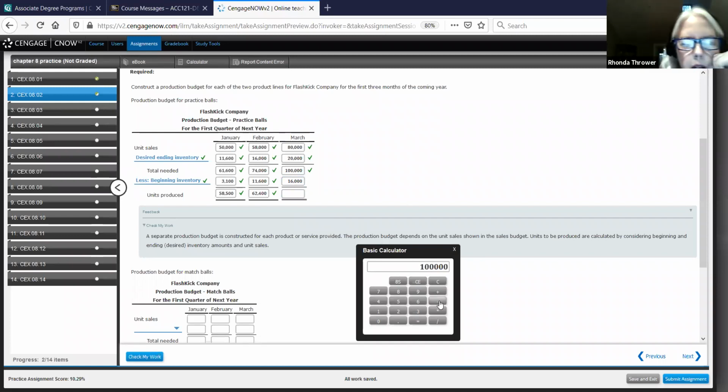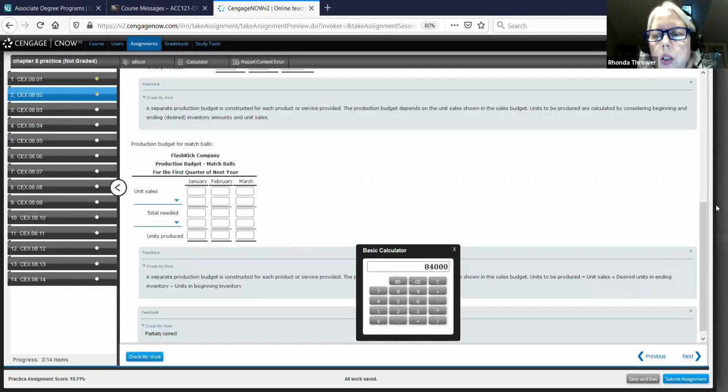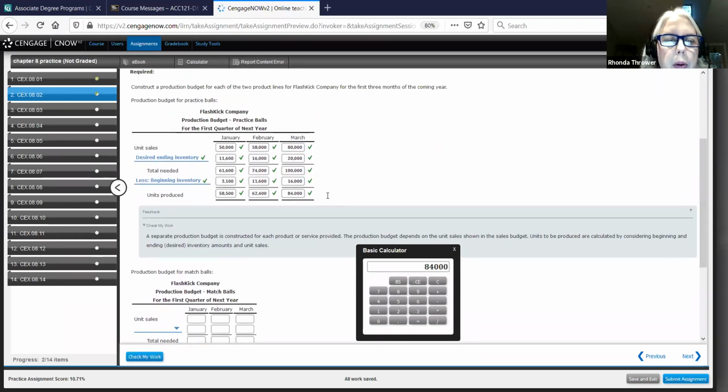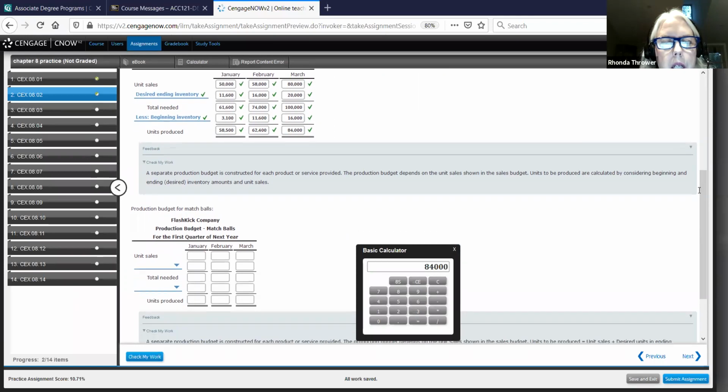Then you're going to subtract out 16,000 from that, and that'll leave you with 84,000. And so that's how you prepare a production budget for the practice balls.